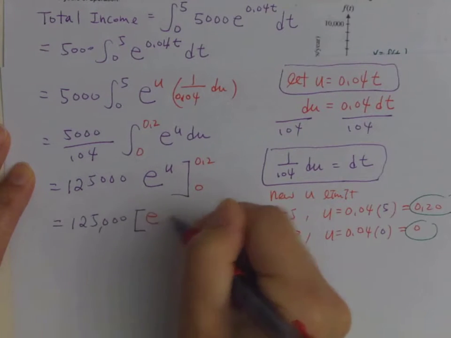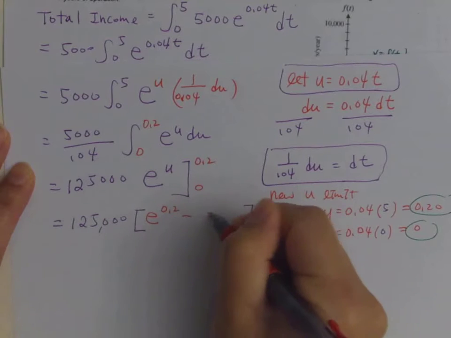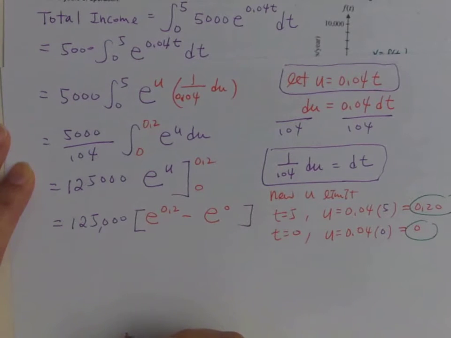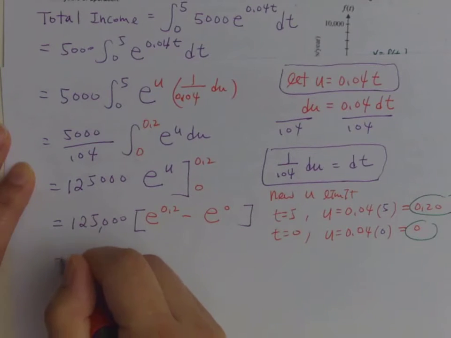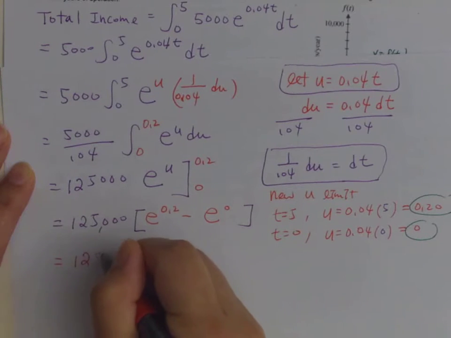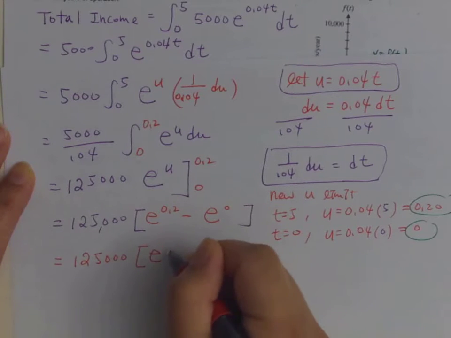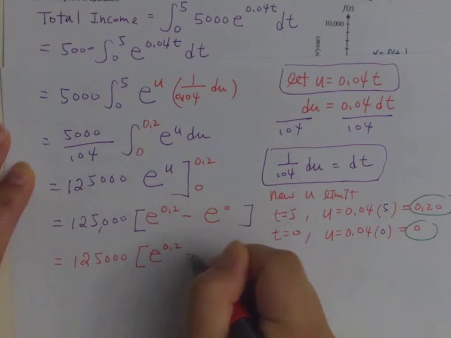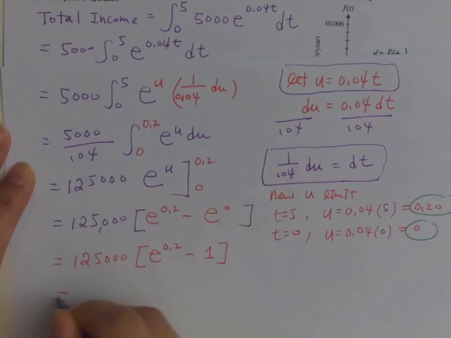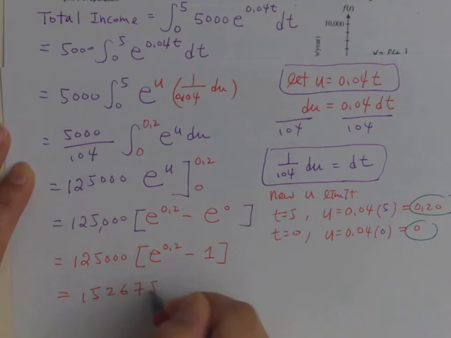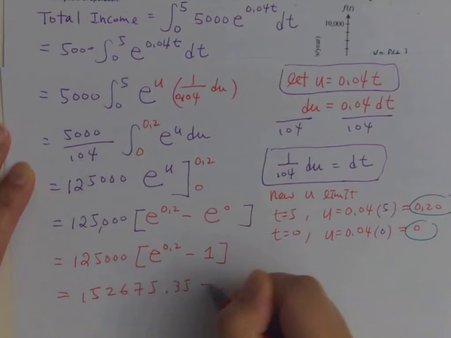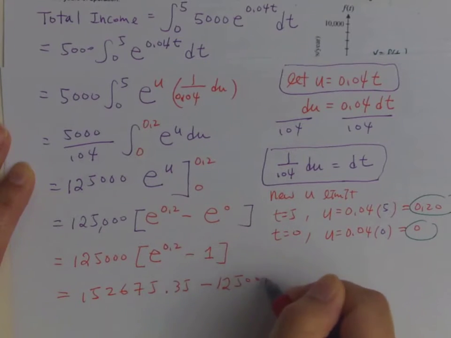So it is e^0.2 subtracting e raised to 0, right? e raised to 0 is 1, so 125,000 times (e^0.2 minus 1), so that would be about 152,675.35 minus 125,000.